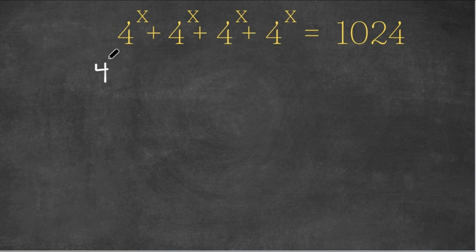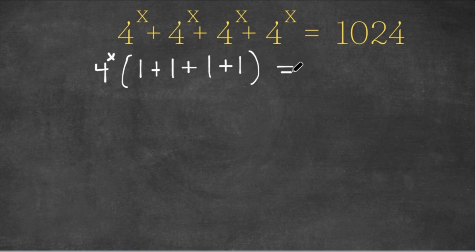So if I factor out 4 to the power of x, 4 to the power of x divided by 4 to the power of x is 1, and I'm going to do the same thing with the rest of the terms. So now we have 4 to the power of x times (1 plus 1 plus 1 plus 1), and this is equal to 1024.